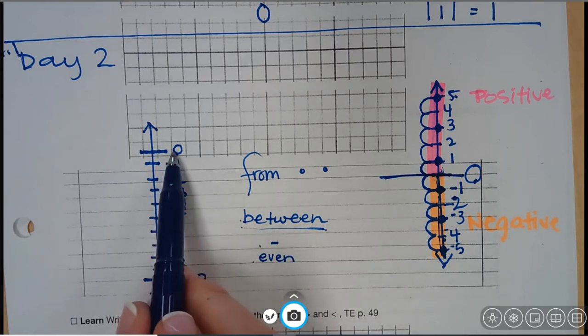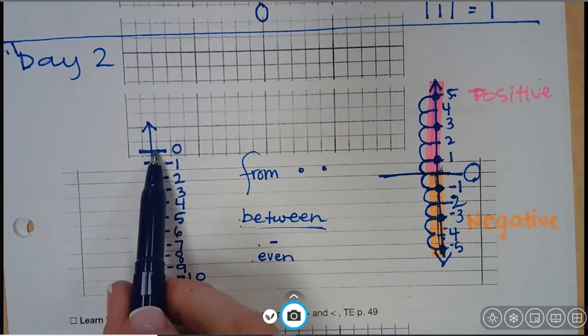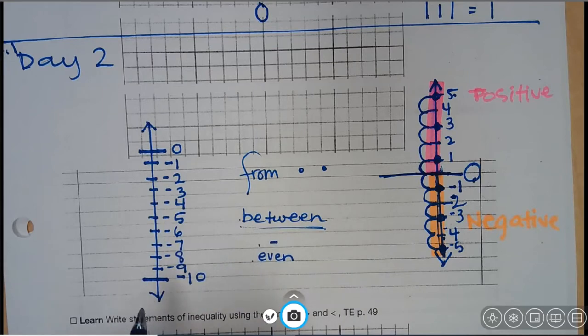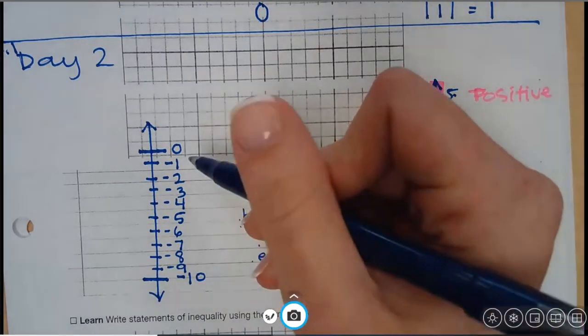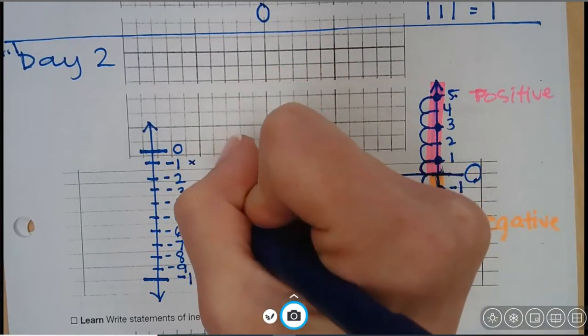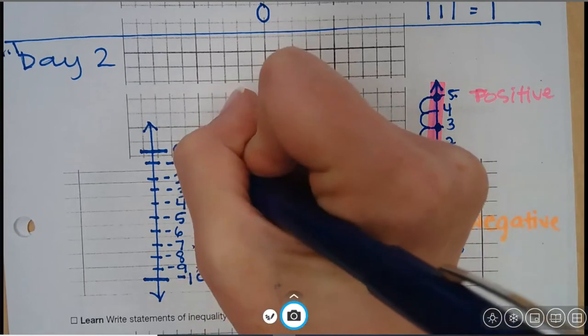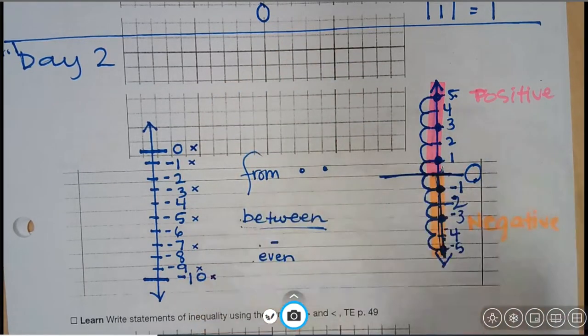So 0 is not negative. It's neither negative nor positive, so I'm not going to dot that. Plus it said between. So 0 is not between 0 and -10. And then -1 is not even. So I'm not going to do -1, -3, -5, -7, nor -9. I'm not going to do 0, and I'm not going to do -10 because those are not between.